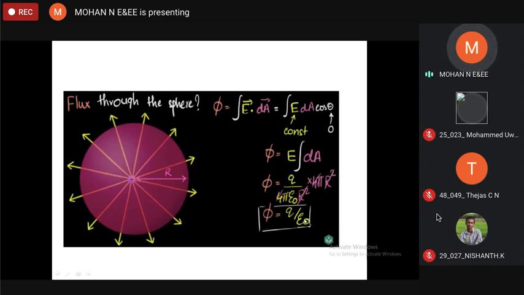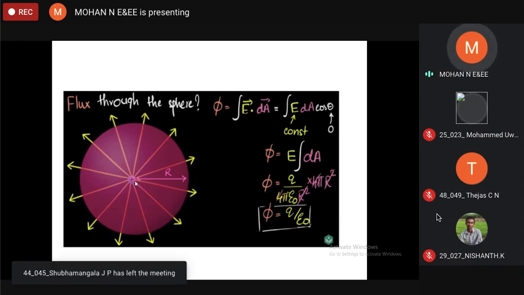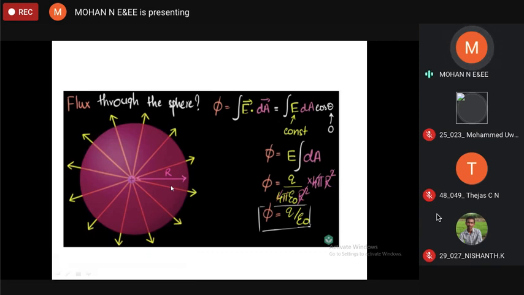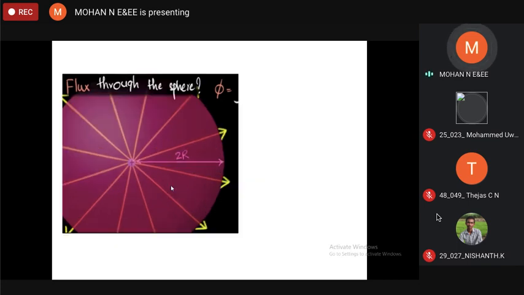That means we were able to prove that the flux lines will be exactly equal to the charges enclosed by the sphere. A small point here: the radius of the sphere is r. What happens to the amount of flux lines crossing the surface if I increase the radius of the sphere?